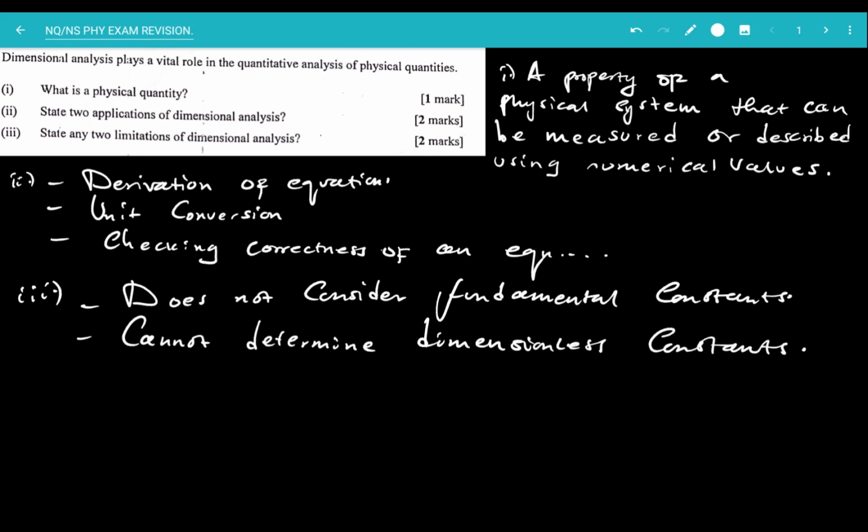Then the other thing that is there is that mostly we ignore numerical factors. This one is a bit self-explanatory when you say ignoring numerical factors. So these are the basic three limitations of dimensional analysis.